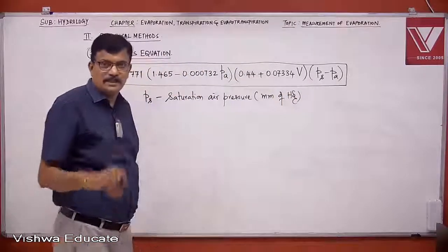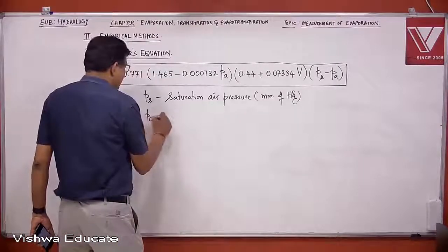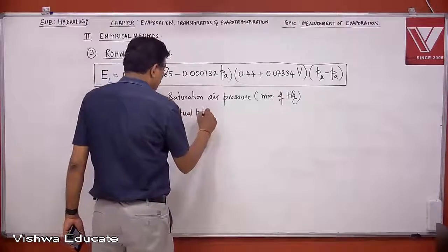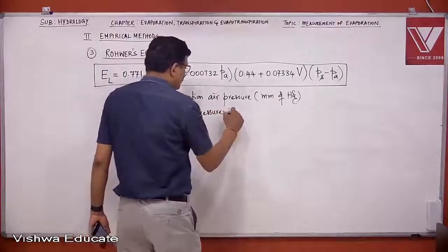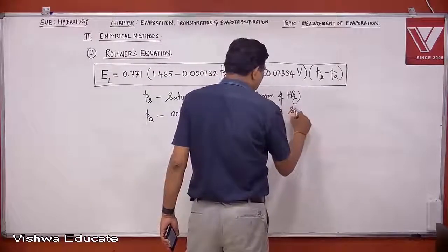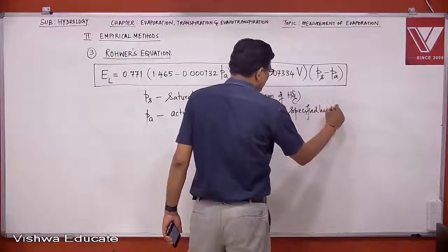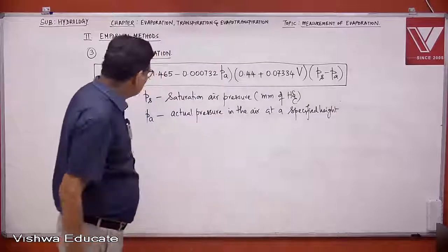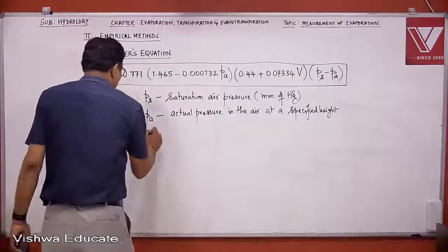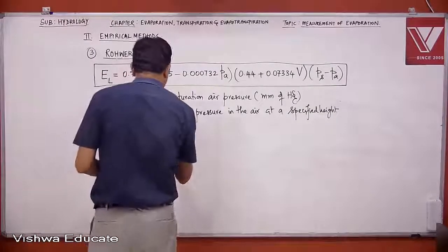Whereas this PA is the actual pressure in the air at a specified height. That we have seen earlier. So both are pressure terms, whereas this V is nothing but the mean wind velocity.